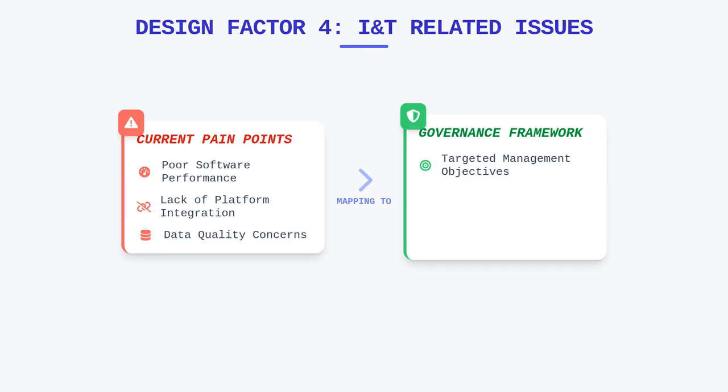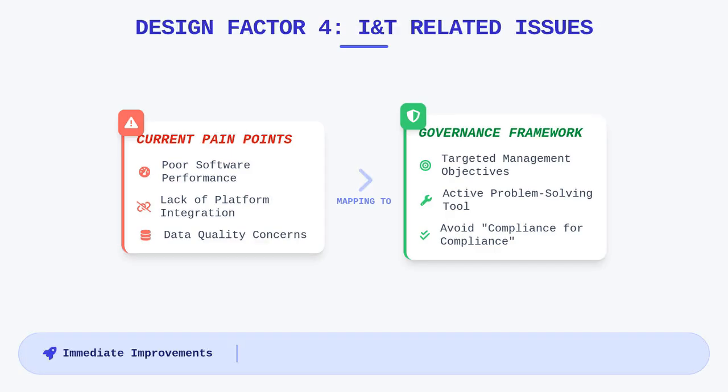Instead of implementing processes for the sake of compliance, we focus on the core issues that are actively preventing the organization from meeting its potential. By addressing these pain points through targeted governance interventions, we turn the governance system into an active problem-solving tool. This approach ensures that our investment in COBIT 2019 yields immediate, observable improvements in operational stability and service delivery performance.